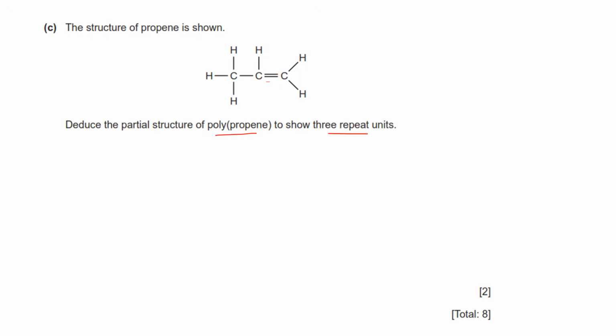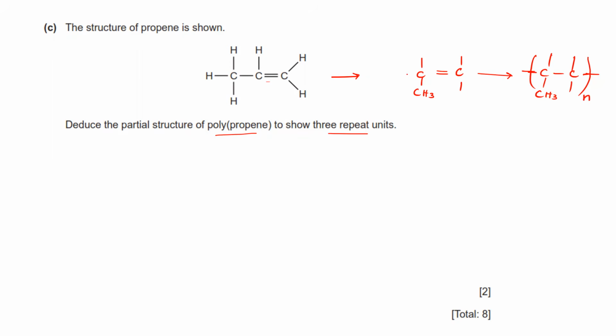So we can write this compound as CH double bond CH, with H and CH3, something like this. And when polymerization of this occurs, this double bond breaks and it comes to be something like this: H, H, H, H and CH3. So this double bond comes out.